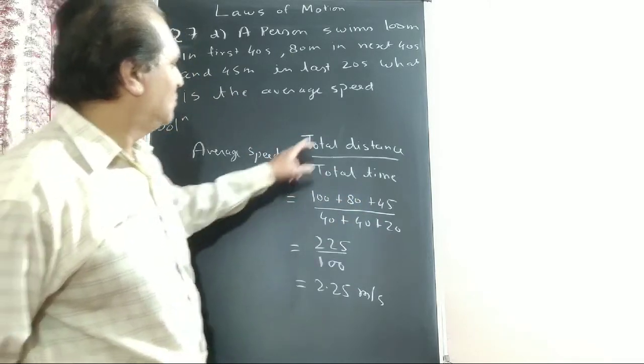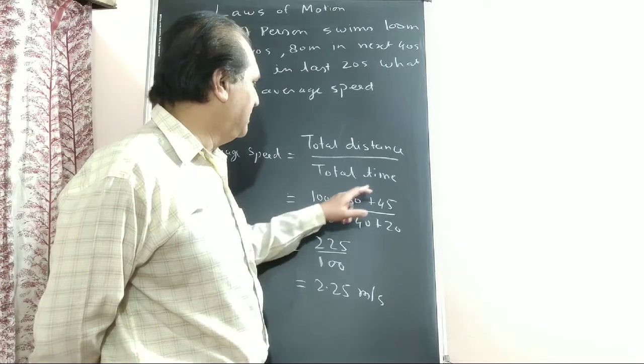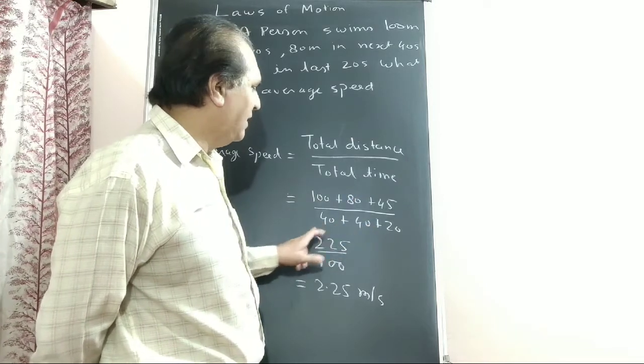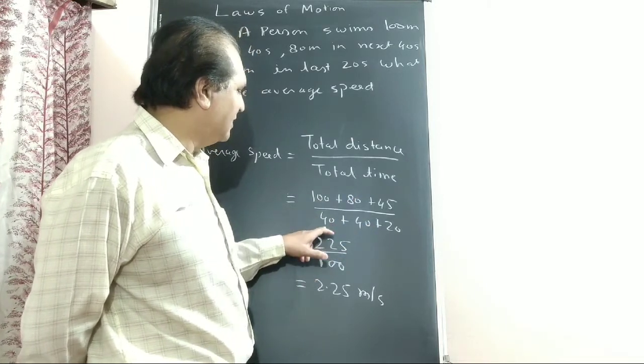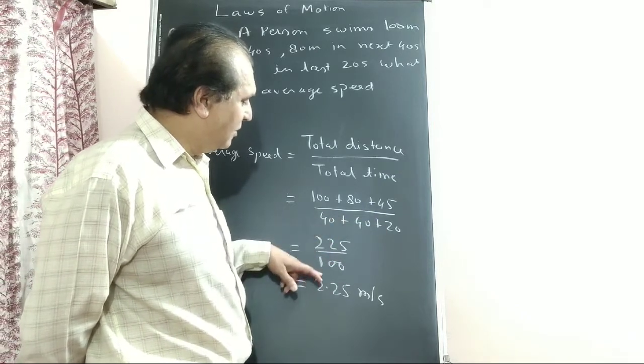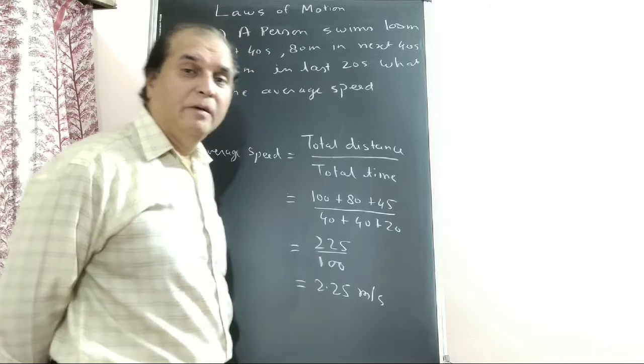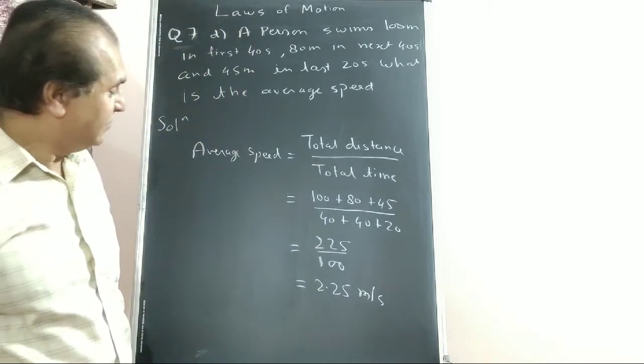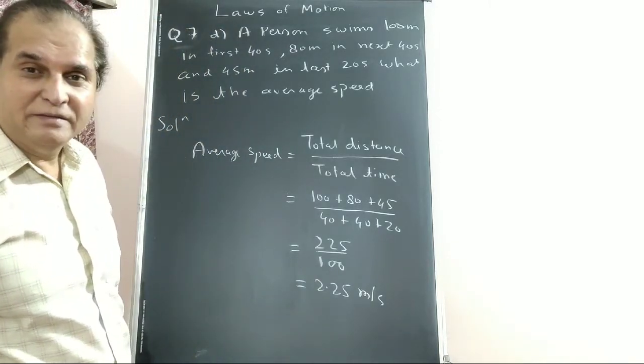So total distance is 100 plus 80 plus 45, 225 meter. Total time is 40, 40, 20 seconds, 100 seconds. 225 upon 100 is 2.25 meter per second. This is the average speed.